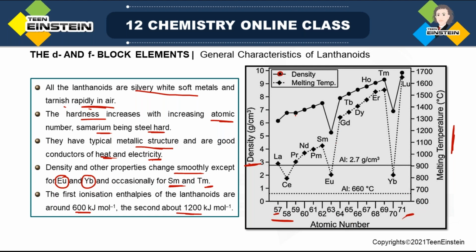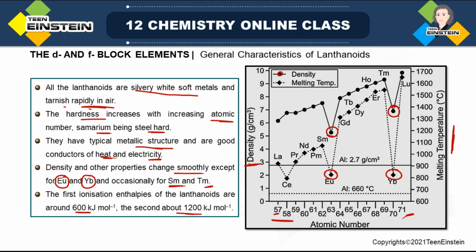So see, density shows a gradual increase. For these two there is a discrepancy, already mentioned here for europium and ytterbium. Similarly for melting point there is no gradual change, and at these two points you can see some discrepancy, but except these two, there is more or less an increase.